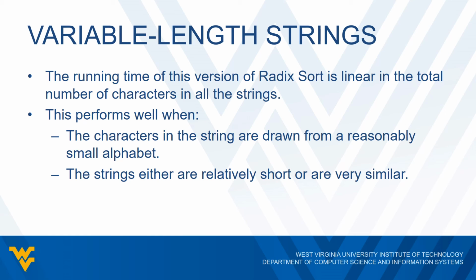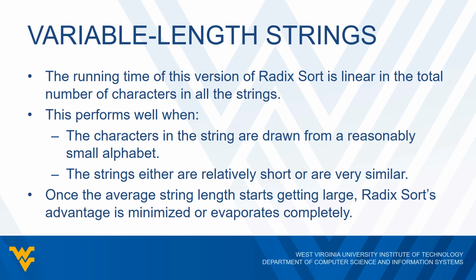Once this starts to wane, where the average length starts getting very large, or the number of characters available starts getting very large, then the advantage of using Radix Sort does become minimized, and eventually it's just not useful at all.